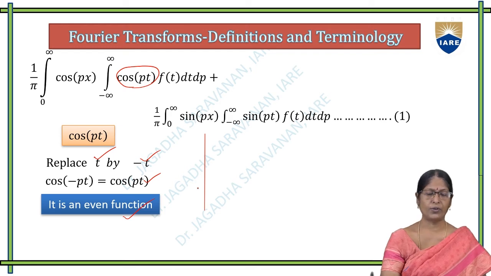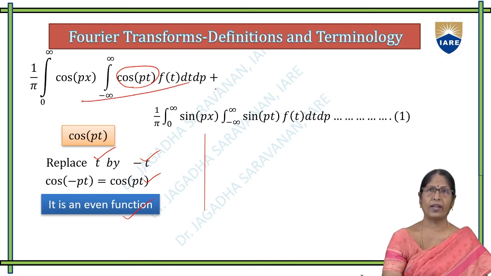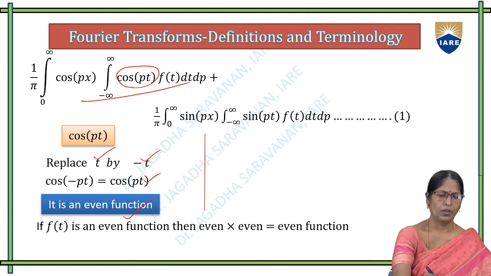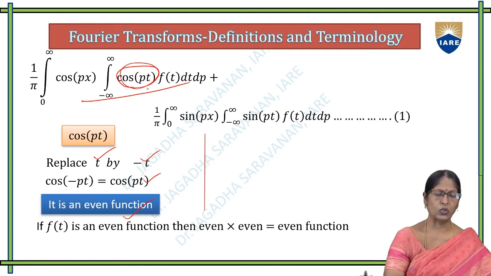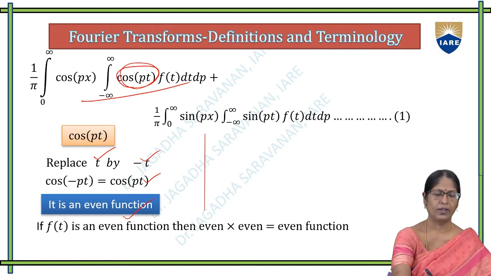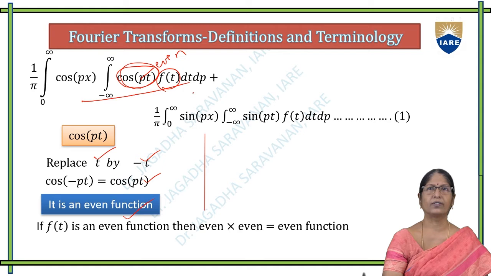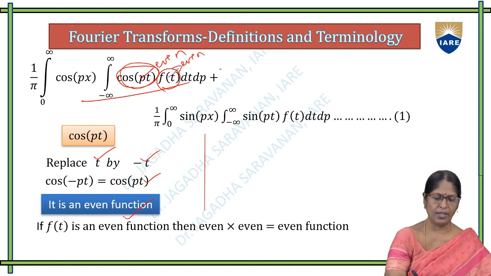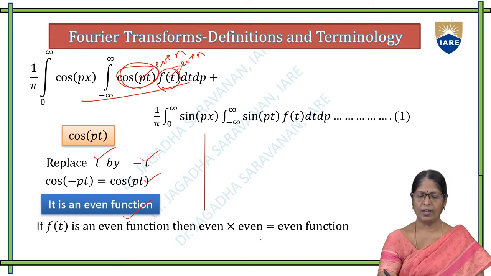If it is even, this integral exists and the limit range will change. Suppose in case our f of t is also even, then even into even is an even function.